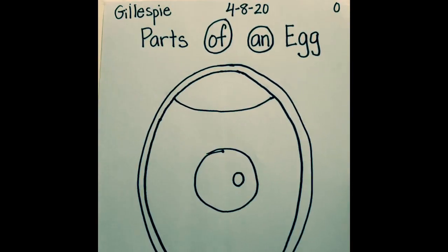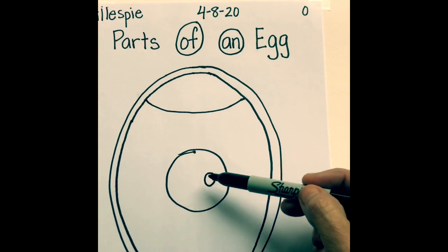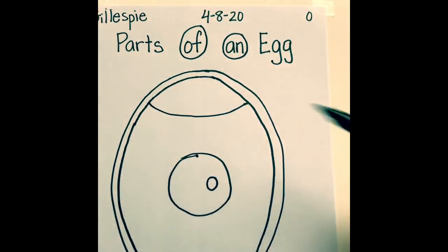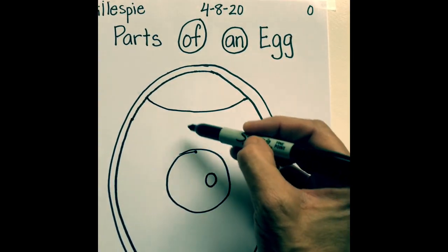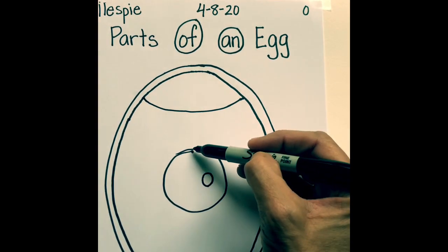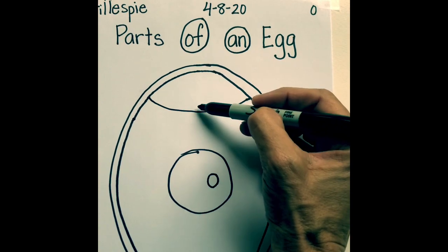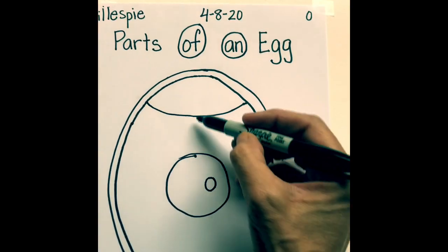All right, now to protect the egg yolk, because that's a very important part of the egg, we have the chalaza, which is the sort of little stringy, ropey part that connects and protects the yolk. It connects to the air cell, and then it connects down towards the bottom.